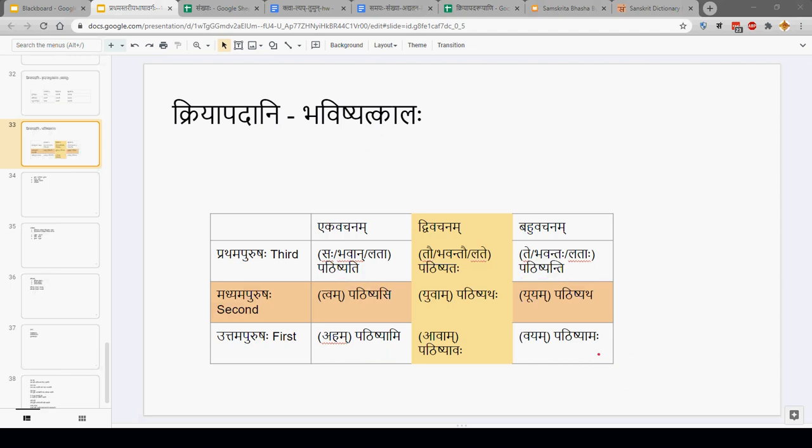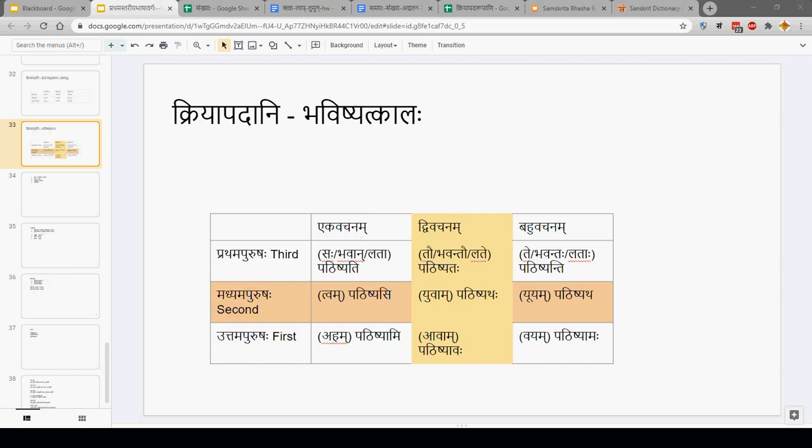Now, what about this Madhyama Purusha? So, for Madhyama Purusha, we are using Bhavan here, Bhavan Patishyati. And what about Dvivachanam? Technically we can study this, but if you want to avoid this and work around it, if you don't want to remember this form, there is another trick you can use called Dvayam.